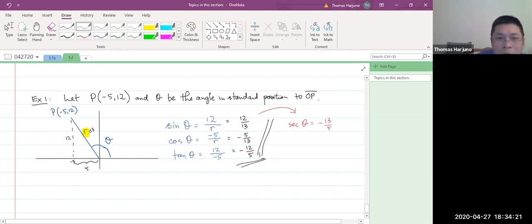Even if you ask me, Thomas, what's secant theta? I will answer from the cosine point of view first, and then from there I do the reciprocal. Now cosecant theta equals 13/12, and cotangent theta will be -5/12.